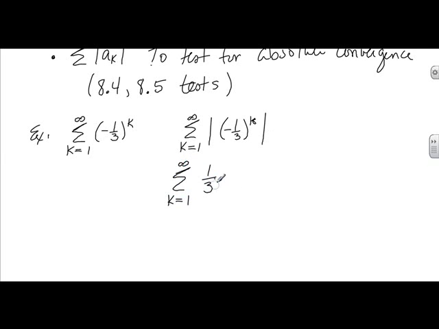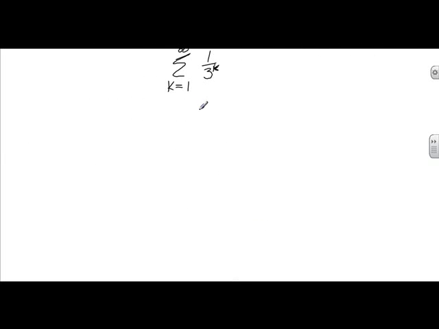Now you've got to think about how you would test that series for convergence. And I think this one is going to be one where the ratio test is going to work well. So I'm going to look at (1/3) to the k plus 1 power divided by (1/3) to the k, and consider the limit as k approaches infinity.